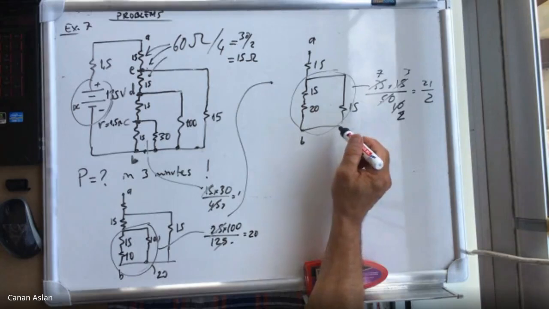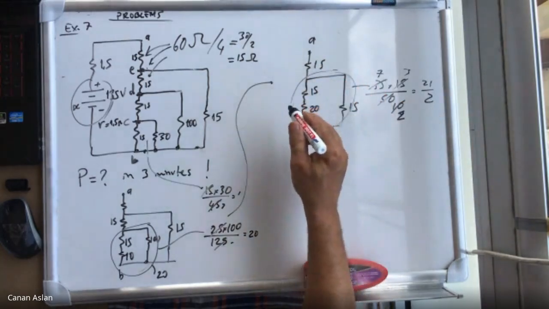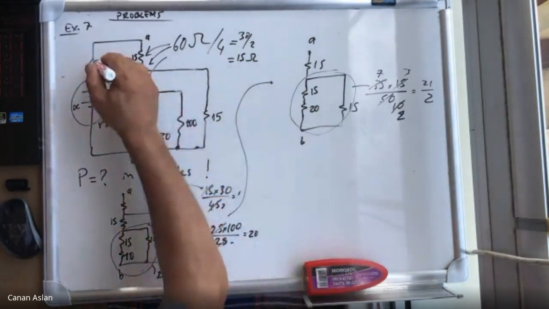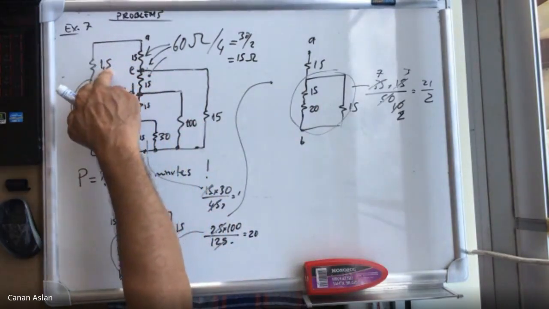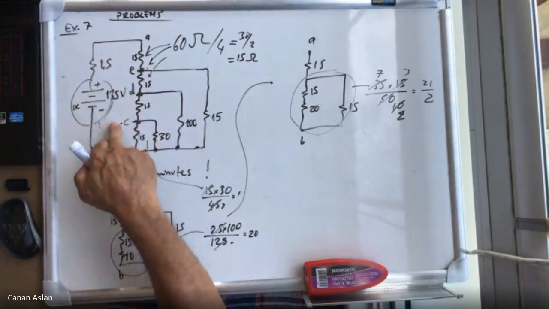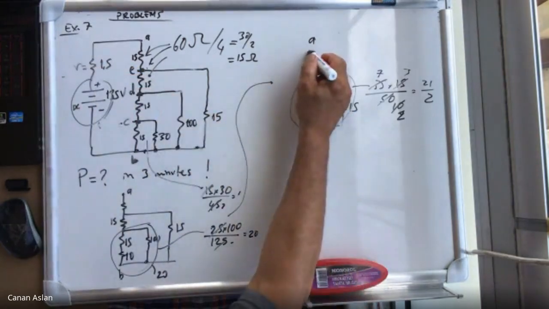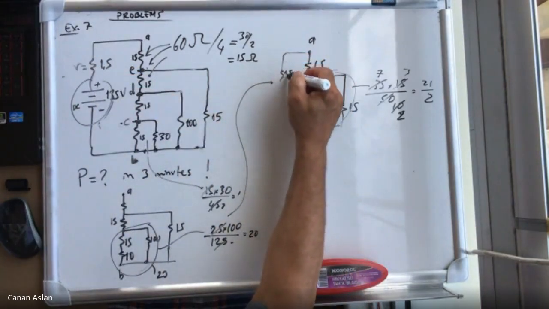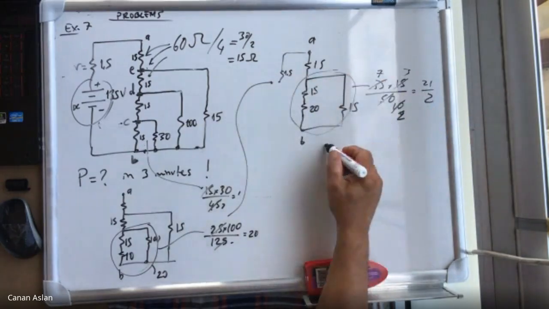And now, this is to be added to 15 to get the equivalent resistance. Of course, we should not forget this 1.5, okay? We shouldn't forget this 1.5, which happens to be the internal resistance, okay? It's given here. So this is R, very small. So there is also 1.5 to be added to the result. But now we have to add 15 to 21 over 2.